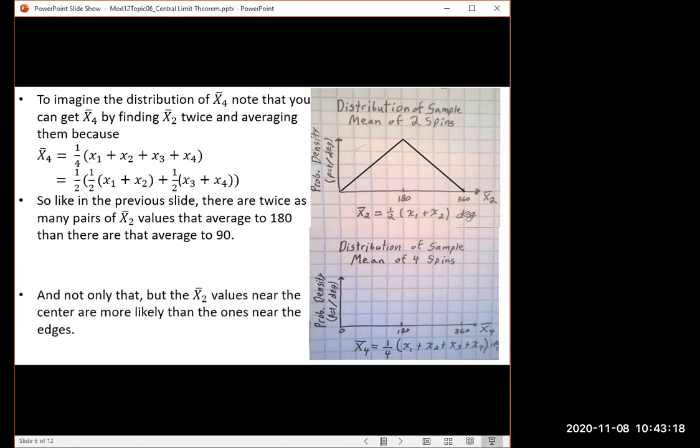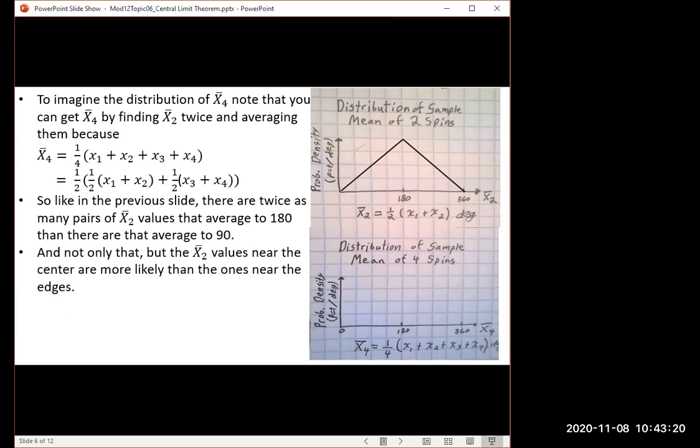And not only that, but the x bar 2s in the middle now are happening more often than the ones near the edges anyhow. So there's more pairs that average out in the middle, and the ones in the middle come up more often anyway. So now there's 2 reasons why the middle is going to be pulled up and the edges are going to be pushed down.